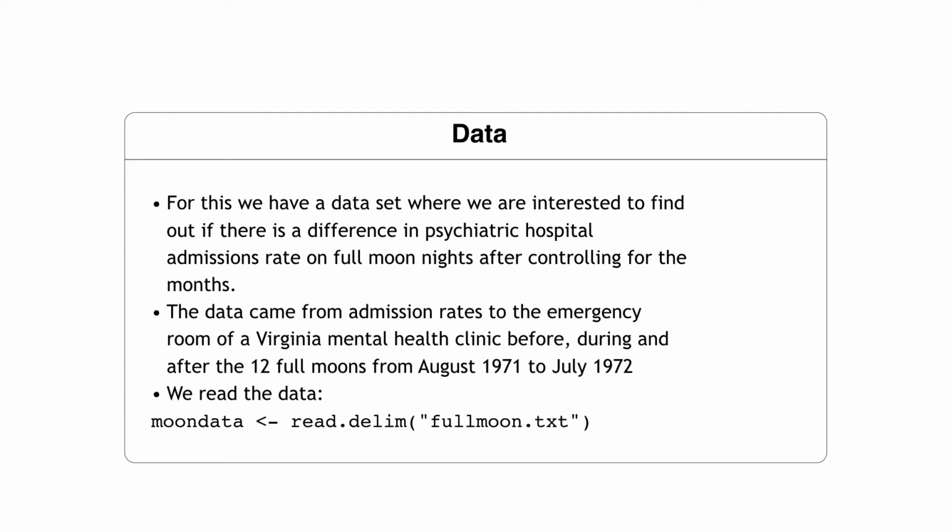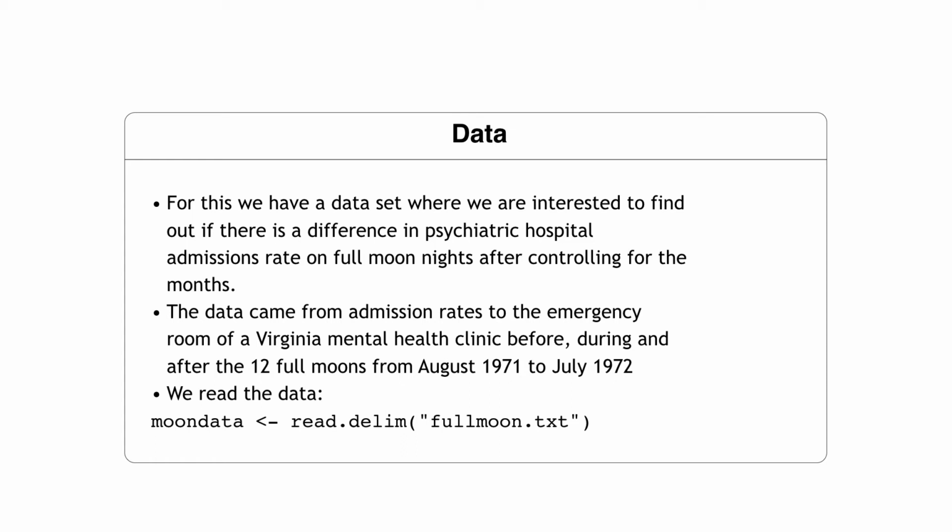And so what the investigators were interested in finding out is, from all psychiatric hospital admissions, whether there was an increased risk of hospital admissions before full moon nights, on the day of the full moon night, or after the full moon night.